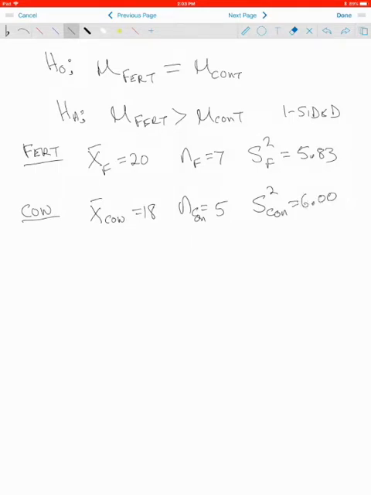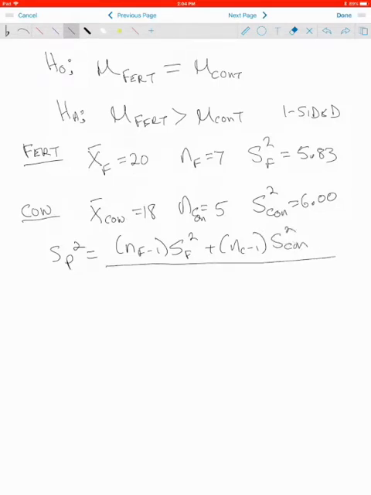All right, so we have the summary statistics that we need, and now we can go ahead and do the t-test. And first, remember, we need to get the pooled variance. So the equation for the pooled variance in this case is the number of fertilized minus 1 times the variance of fertilized plus the number of control plants minus 1 times the variance of the control plants, all divided by the number of fertilized plus the number of control minus 2.